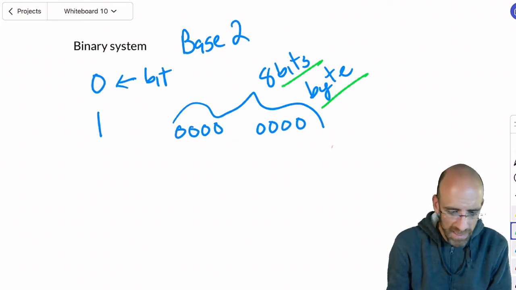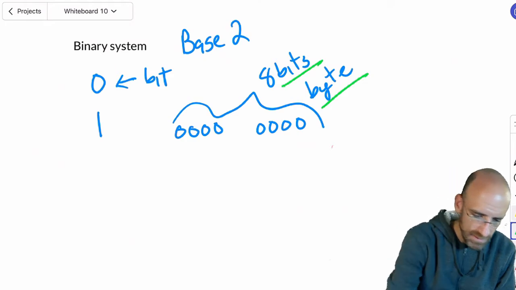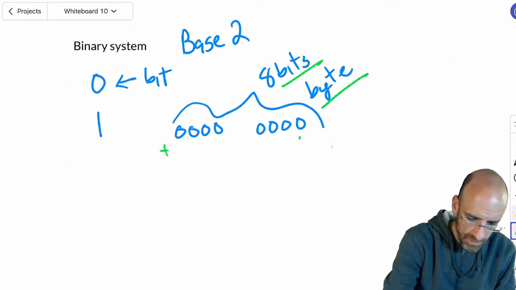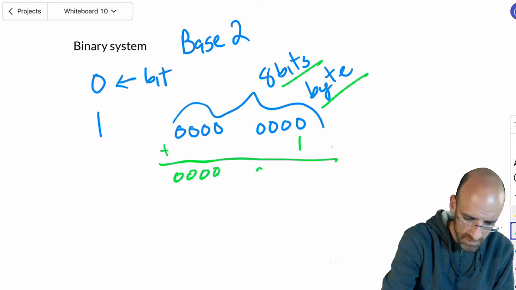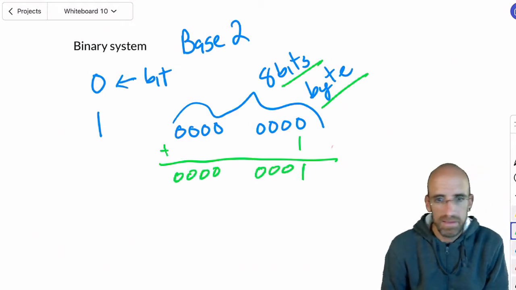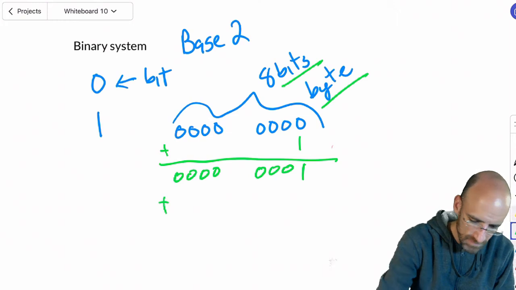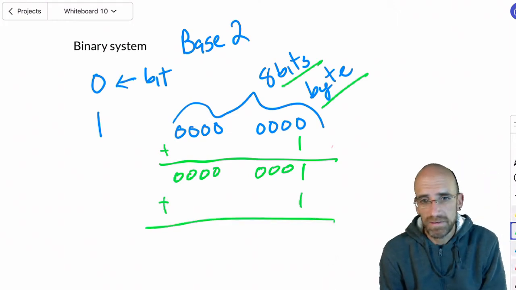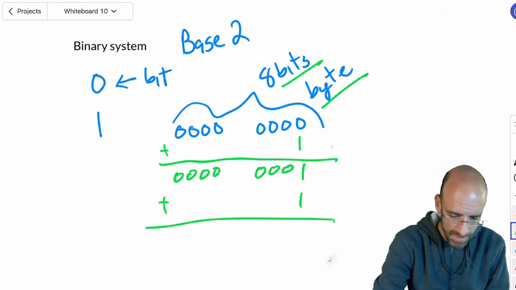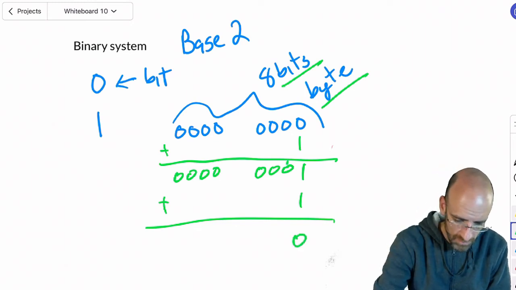So when we add 1 to this number, we get 0, 0, 0, 0, 0, 0, 0, 1. When we add 1 to this, 1 plus 1 has to reset and we carry 1.